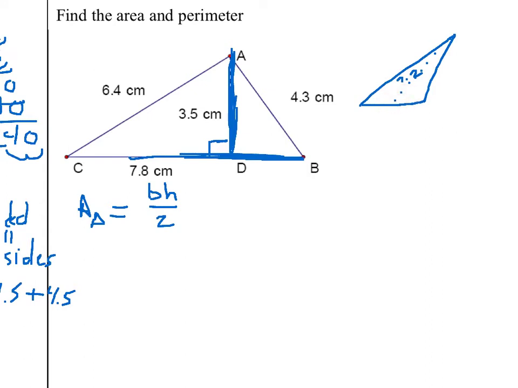So the only way to know that a triangle has given you a base and a height is if that base and that height are perpendicular at a right angle. Okay? That's super important to know about the base and height of a triangle. In this particular case, that tells us, though, that our base and our height are what?